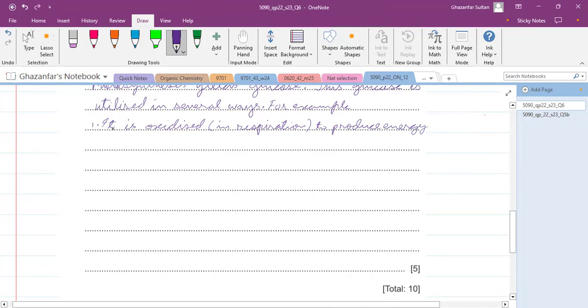And energy in the form of ATP molecules. Glucose is converted into sucrose for transport.